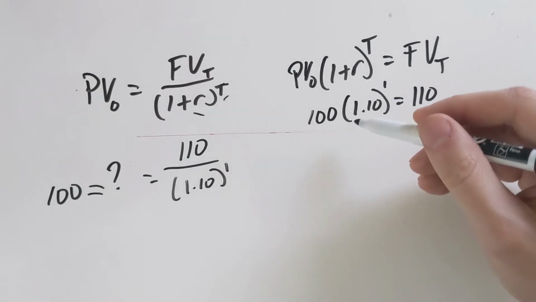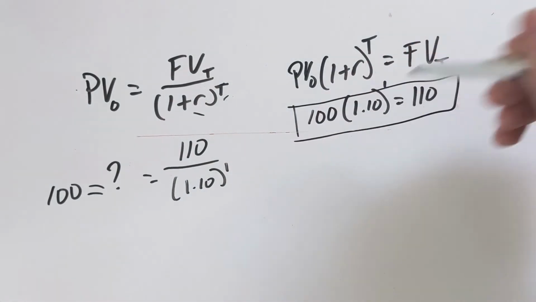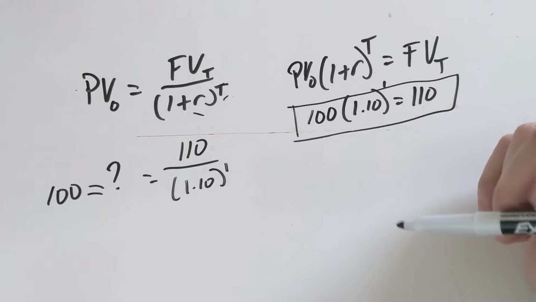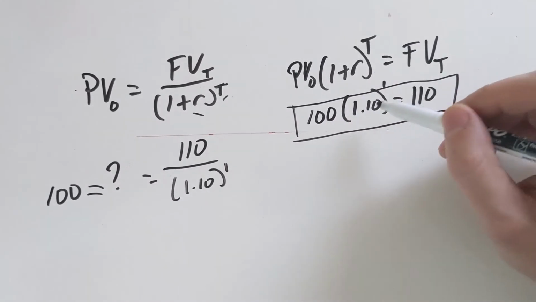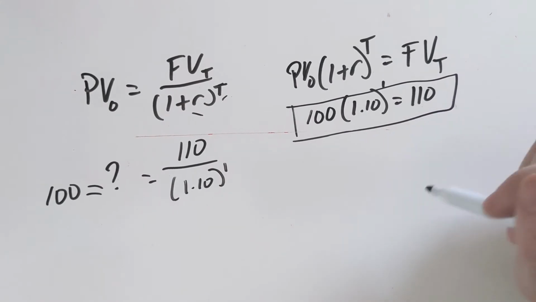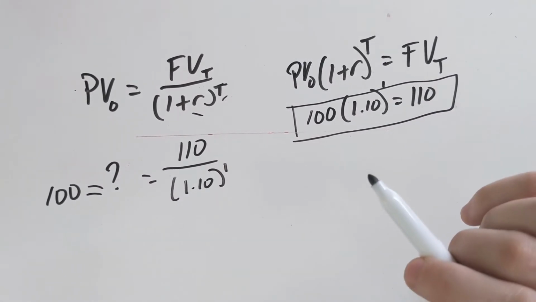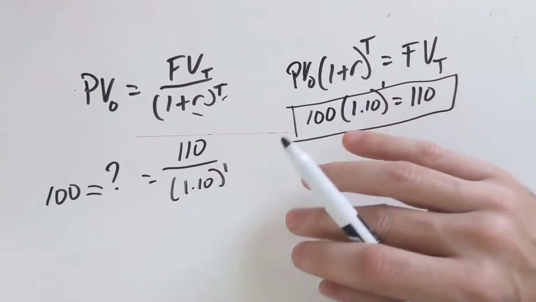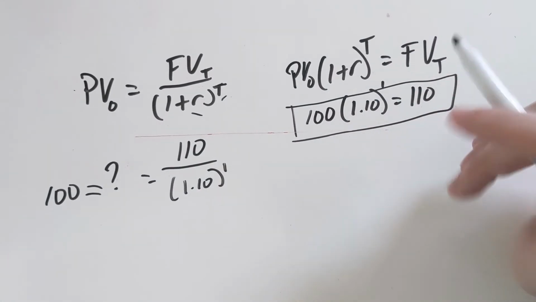Now, if we take this little setup here, let's say that you were the investor and you gave up $100 today, and you left it alone, and in 1 year you were going to get $110 back. But you say, hey, I don't want to do that. I actually want to lend that money out for another year, or just let that person keep it for another year. Well, what would happen?